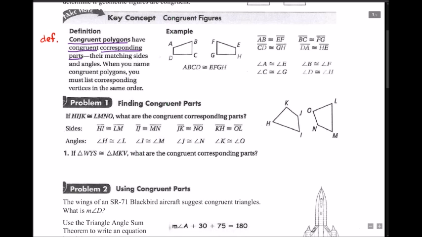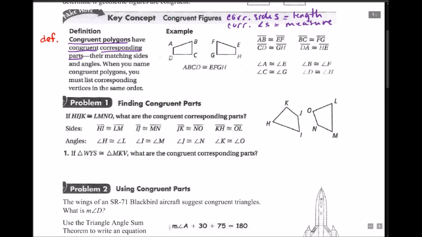That means that corresponding sides have equal length and corresponding angles have equal measure. Now you should say, hey, I've heard that before. That's our definition of congruence. Sides have equal length and angles have equal measure.